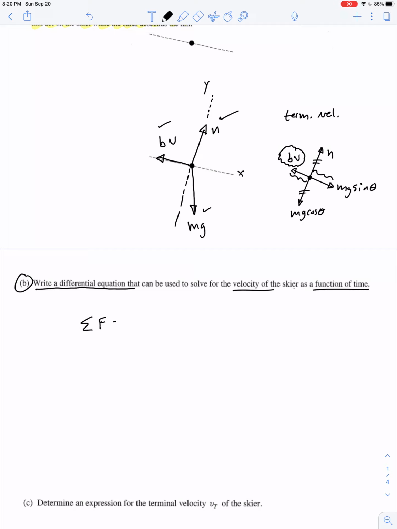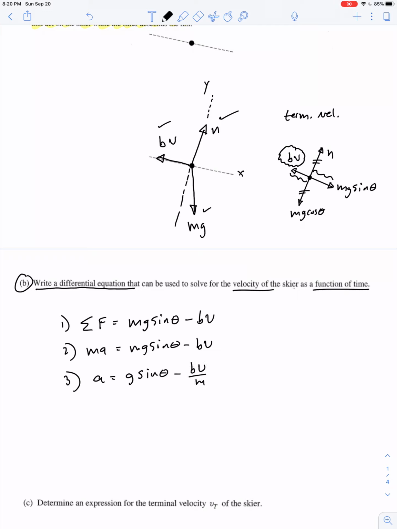So the net force is equal to mg sine theta minus bv. By Newton's second law, we can replace net force with ma. So ma is equal to mg sine theta minus bv. If we divide through by m, we get a equals g sine theta minus bv over m.